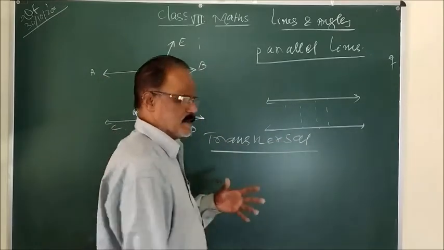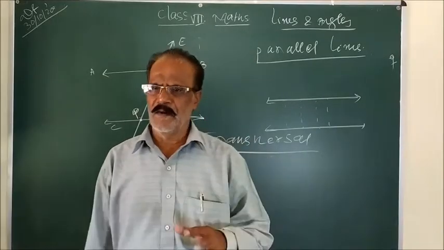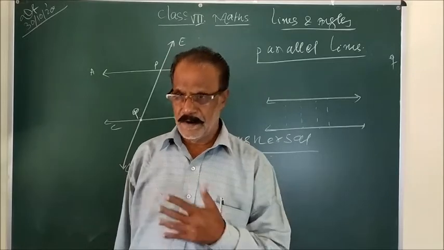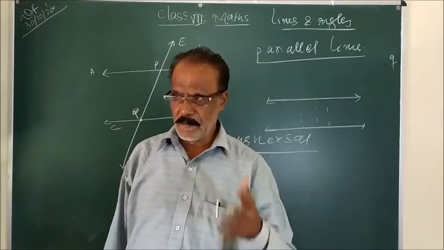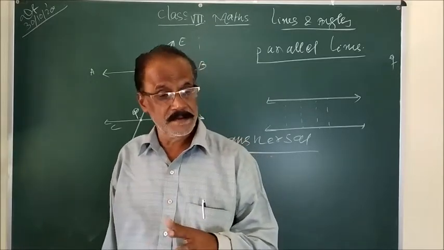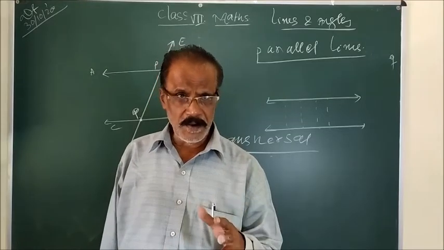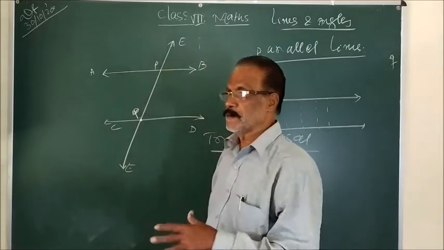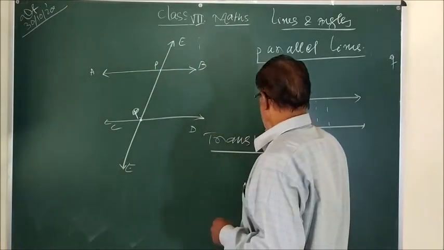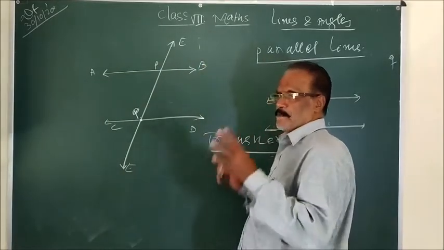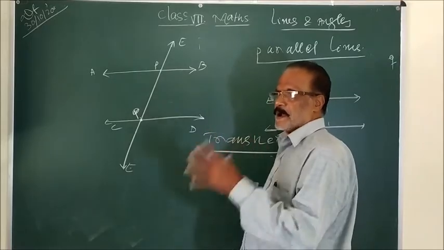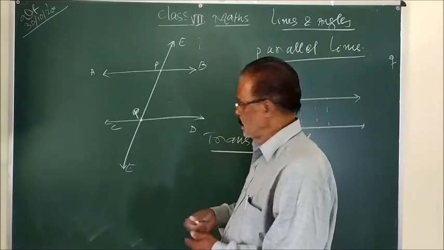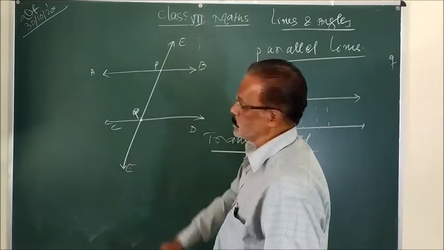It is not necessary to learn word by word from the book. If you understand, a definition means all the points should be in it. Short, but every point should be included. A transversal is that line which intersects, which cuts the given parallel lines. So EF is the transversal here.